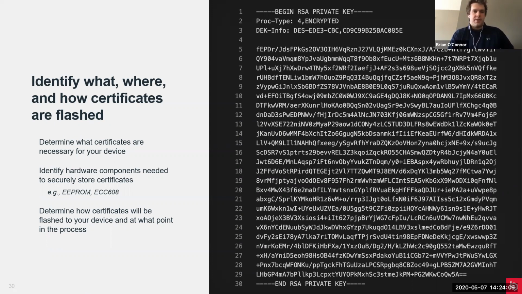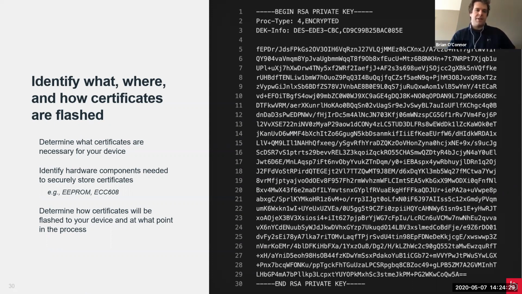So in terms of what those certificates are, you can see an example of a certificate over here on the right. But you need to determine if you need to flash in private keys, if you need to flash CA certificates, and what does that look like? And part of that will feed into some component selection, as you need to identify where those certificates are housed on the device.